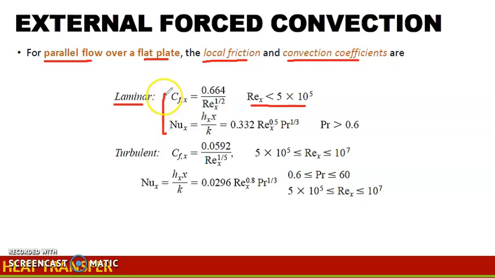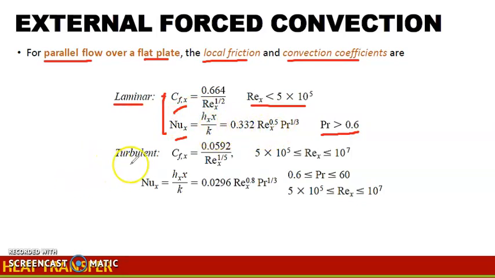We will use this equation in finding the friction coefficient and the Nusselt number using this value here. But remember that in using this equation, the Prandtl number should also be greater than 0.6.